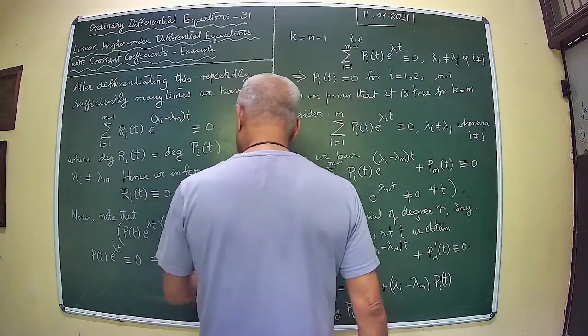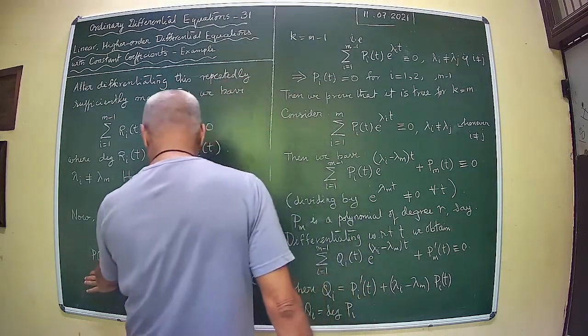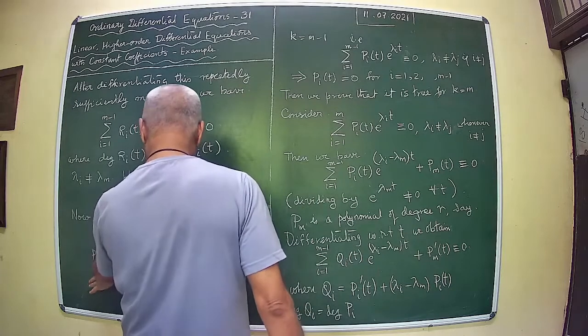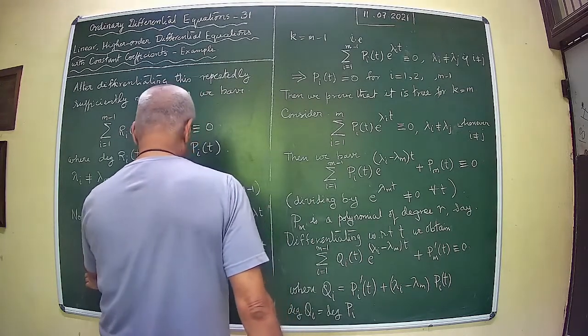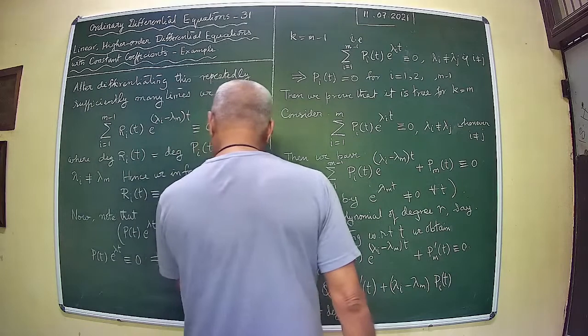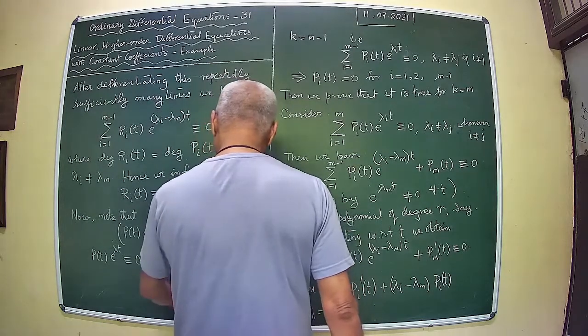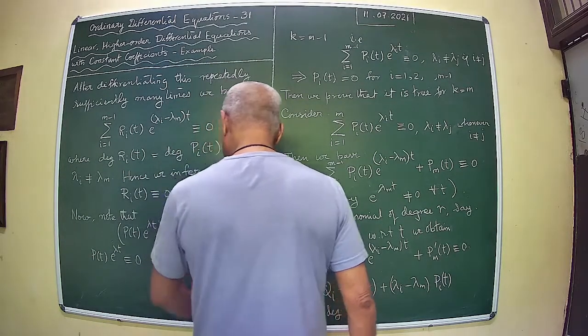So what we want, so therefore if this is identically equal to 0, then pt is identically equal to 0, but you get a coefficient here, so we want to conclude that this is identically equal to 0.